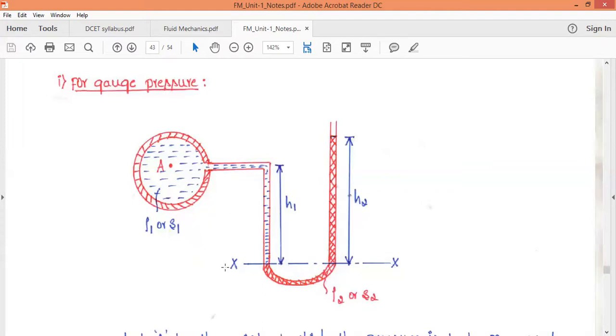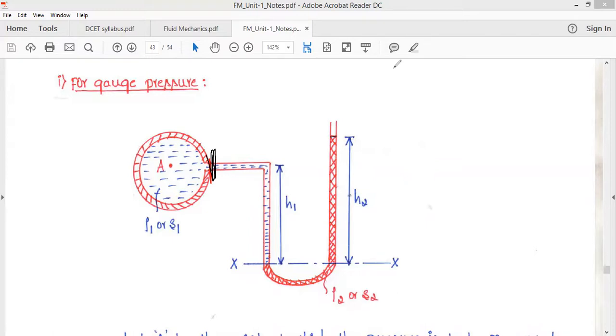Here, let us consider one x axis, the manometer axis, and that must be at the interface of the two liquids. Here, this is the interface of the two liquids. Before connecting this U-tube manometer to the pipe where we need to measure the pressure, the level of mercury in both the left limb as well as the right limb will be the same, because at both limbs atmospheric pressure is acting.